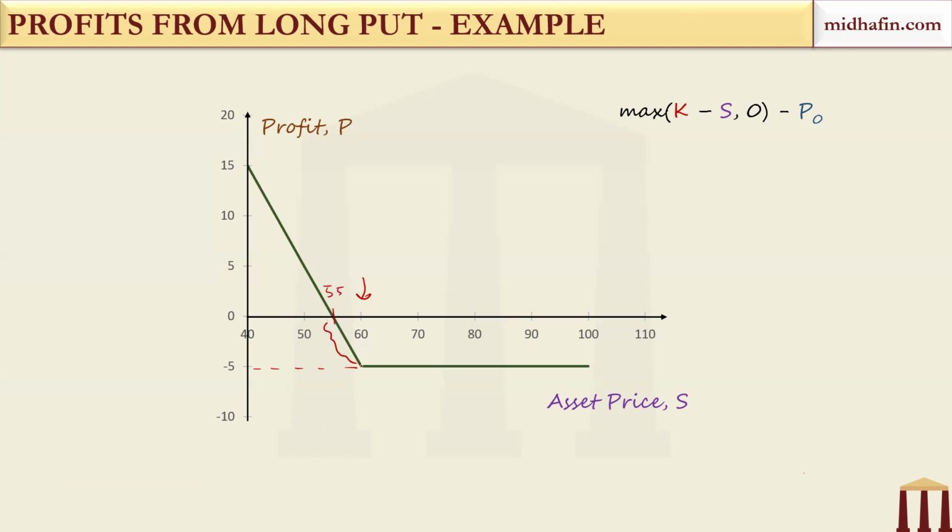Of course, you will exercise when you get a chance and you see that S is less than K. If it's a European option, then you have to exercise on the last day only. So if the price is between 55 and 60, you exercise the option, but you still end up with an overall loss. Why? Because the premium you had paid is more than the payoff you are getting. Clear?